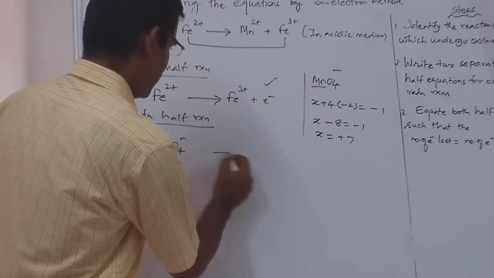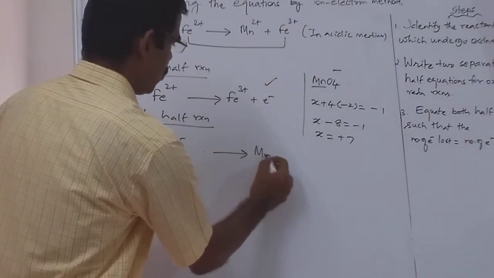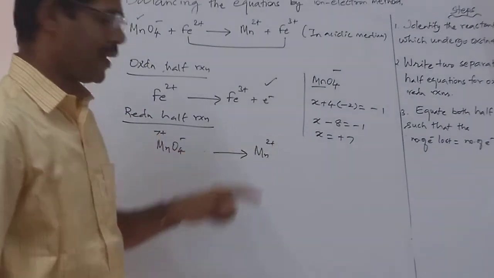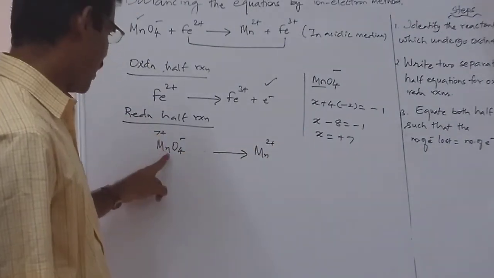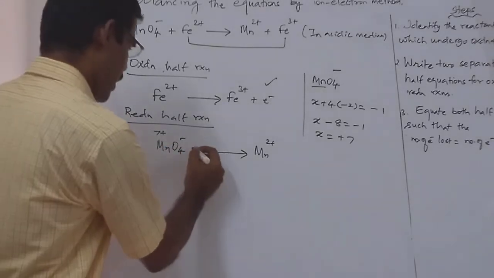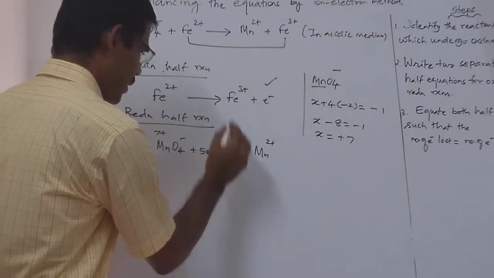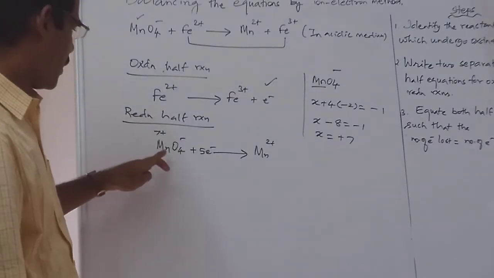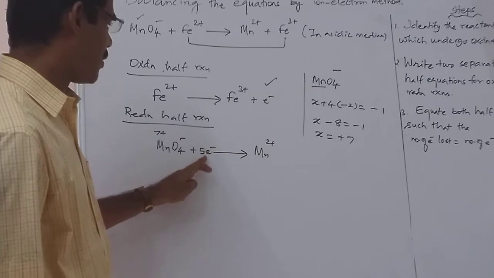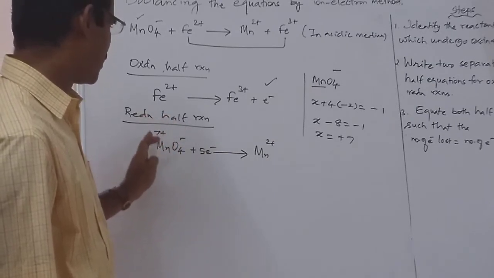This has become Mn2+. From 7 plus to 2 plus, meaning this has gained 5 electrons. I am writing plus 5 electrons here. Let me repeat once again: this Mn7+ has become Mn2+, so it has gained 5 electrons. That is what we call reduction.